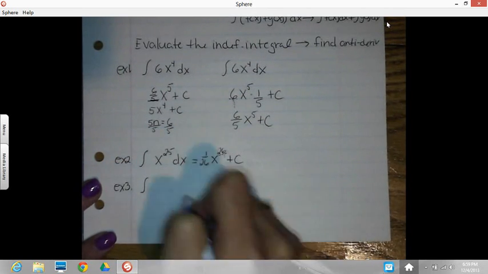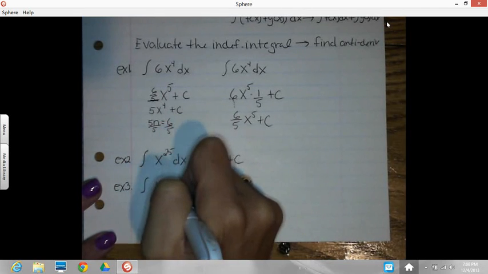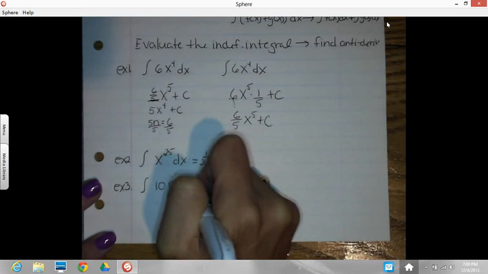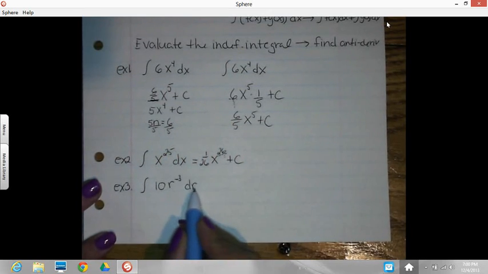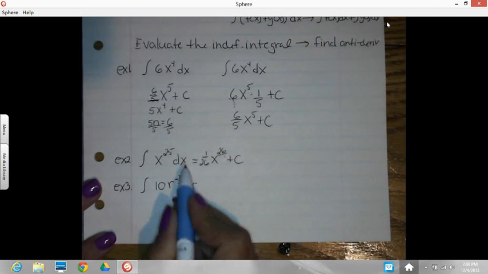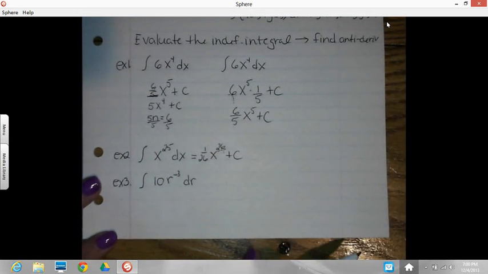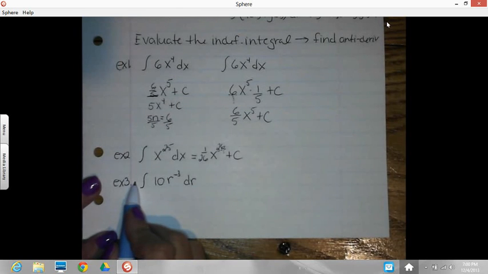Let's go to the integral of 10 r to the -3rd dr. As long as these letters match, you're good to go. x dx, r dr, the only thing different is the letter of the alphabet that's in there. The process is identical. Okay, you have that constant again, that carries along. You can pull it out in front if you want to, but you can see there's no need to.